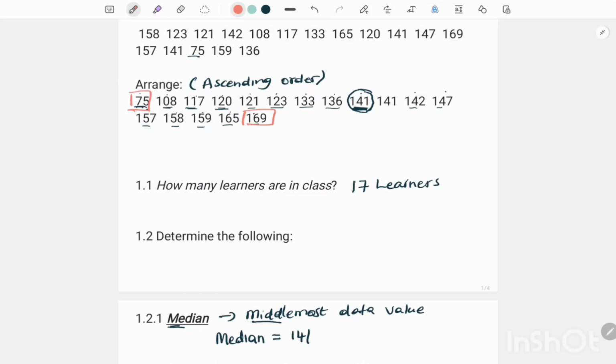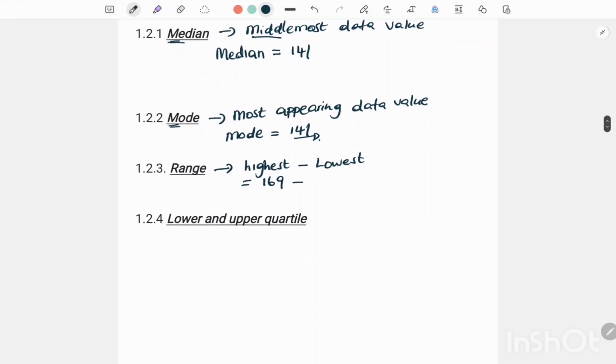Then the smallest one, or the minimum, is 75. Then you get the answer in your calculator, which is 94. 94 is your range.